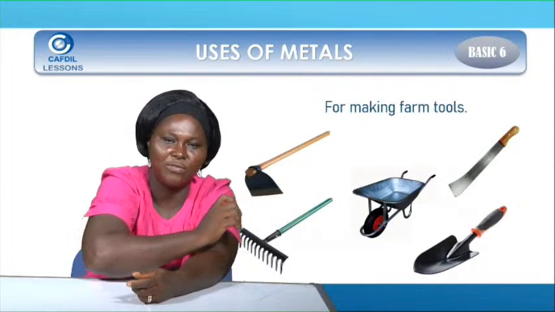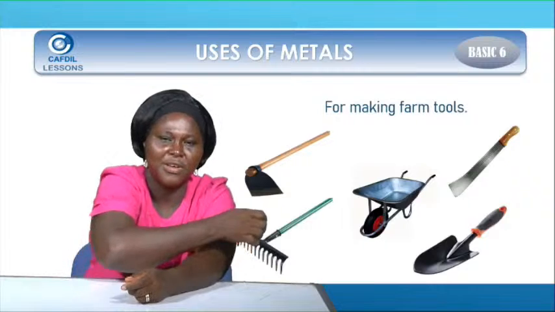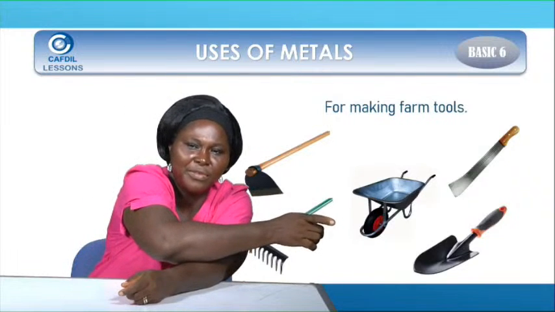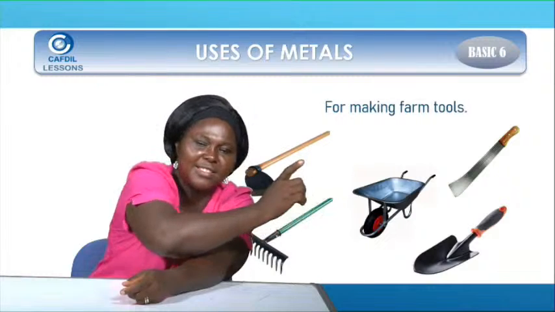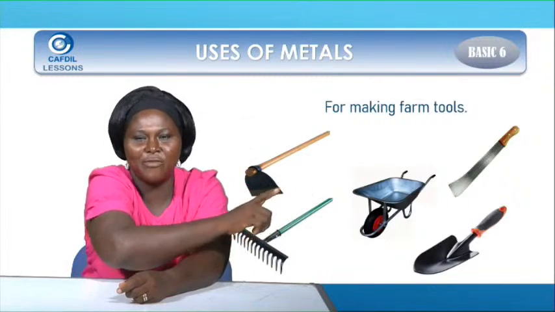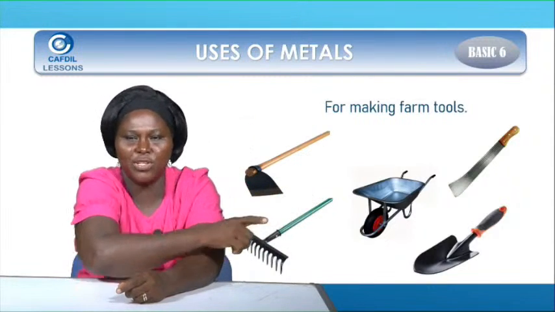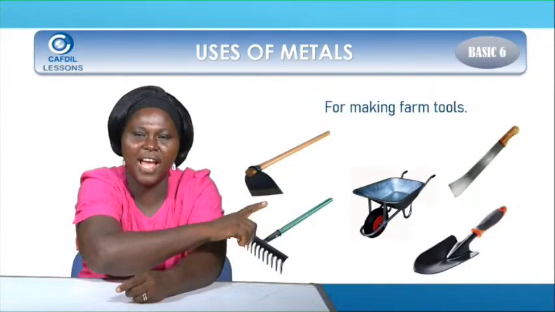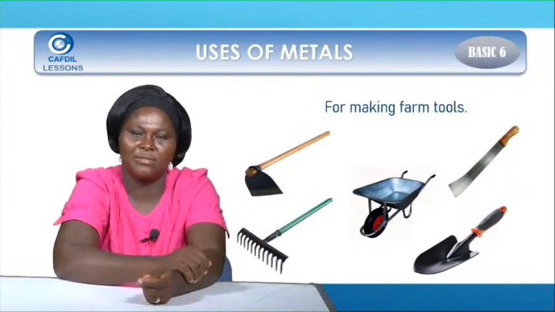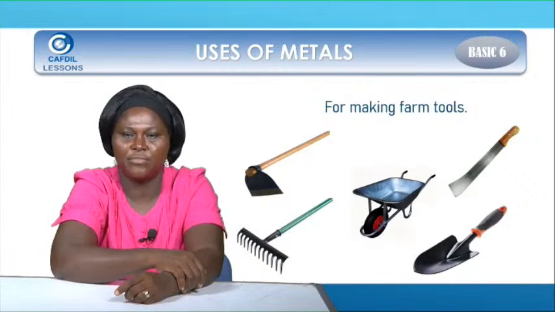We have hoe, rake, wheelbarrow, we have cutlass, we have trowel or shovel. Now this one is hand trowel for farm tools.